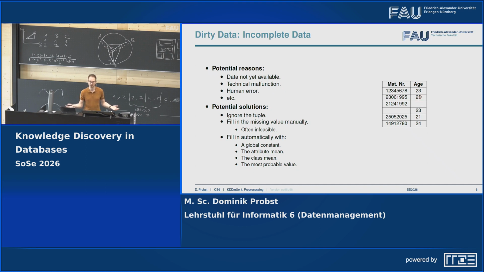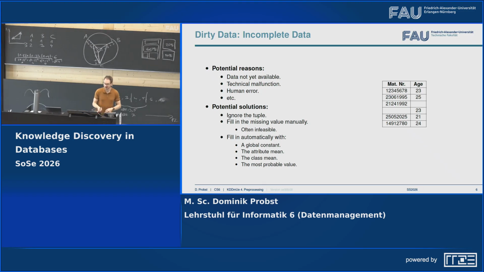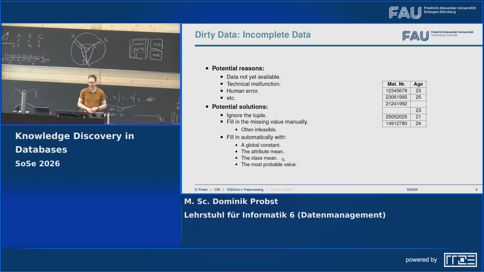But sometimes it's feasible. In general, if we're filling out automatically, we try to find the most probable value. That's most often more advanced than just using the mean or the mean of the class, which we will see in the exercises.